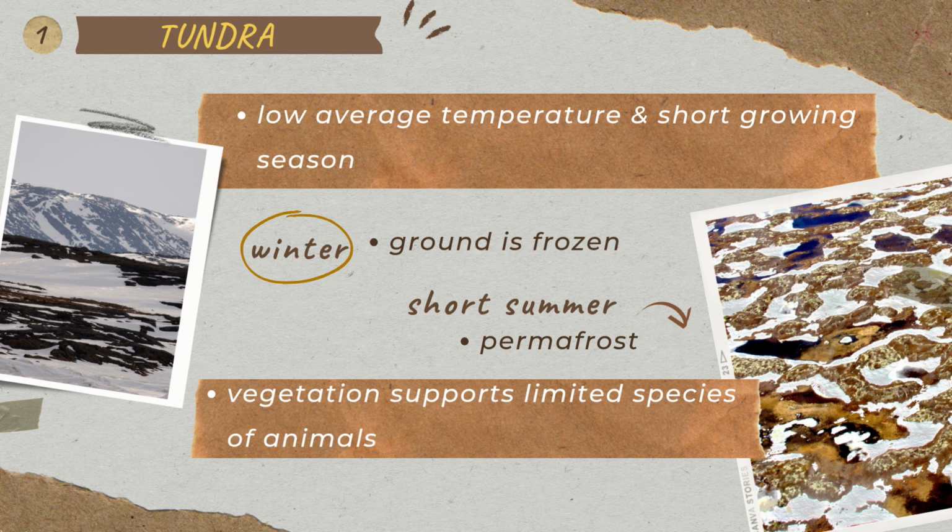Okay? Because of this particular scenario, the vegetation here supports limited species of animals. So we can say that diversity when it comes to flora and fauna here is quite low, in comparison with the other types of biomes.